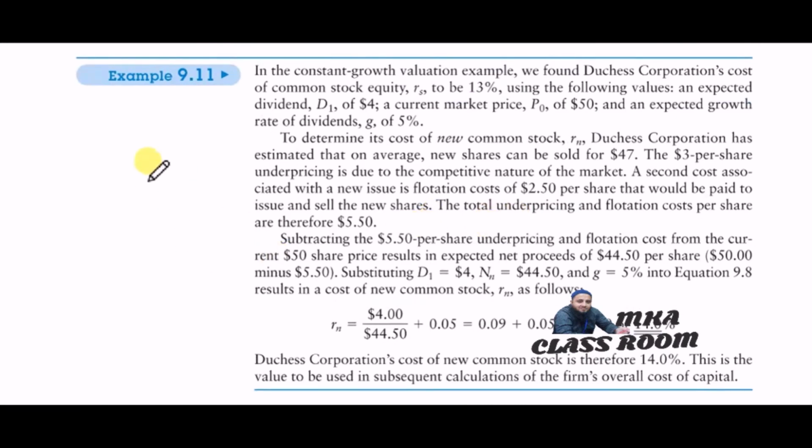So here you will see an example. In the constant growth valuation example, we found Deuces Corporation's cost of common stock equity RS to be 13%, using the following values: expected dividend D1 of 4, current market price 50, and expected growth of 5%.